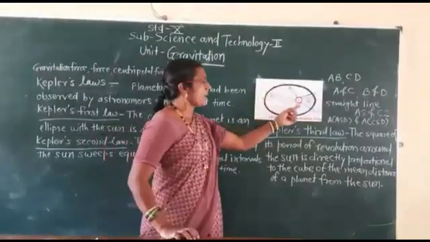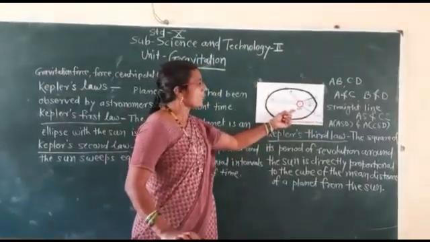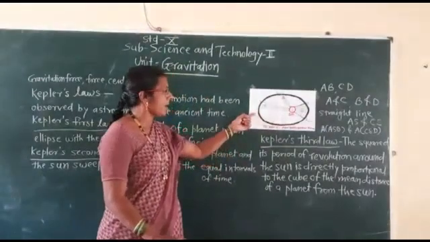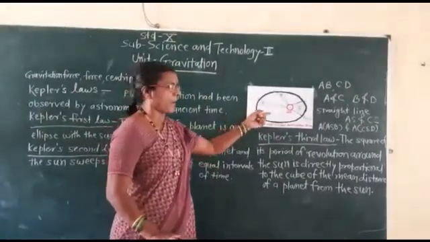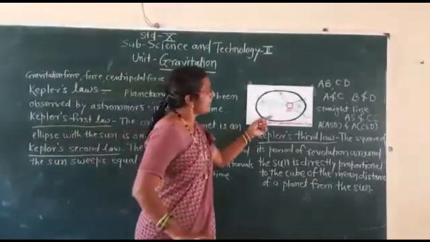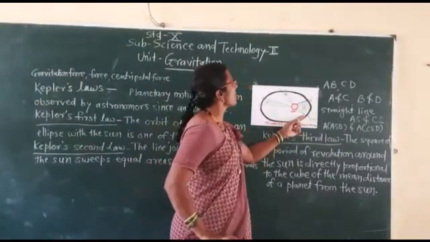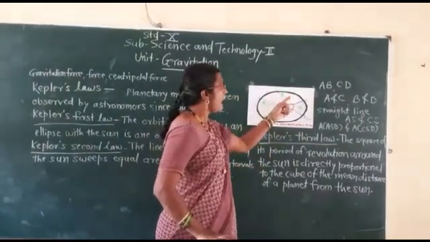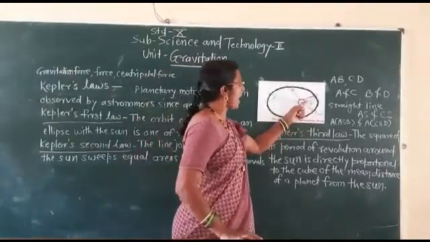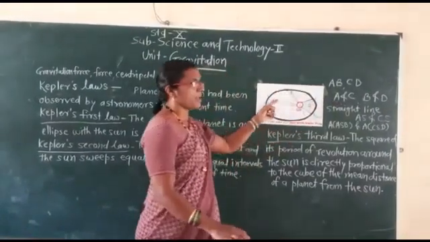The sun is denoted by S, and A, B, C, D, E, F are positions of the planet. In the second law, AB and CD are the positions of the planet.